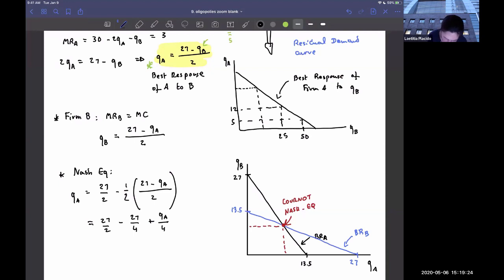This implies, putting QA on the left-hand side, 3/4 of QA equals 27 over 2 minus 27 over 4. And if you compute this, you find the Cournot quantity for firm A.